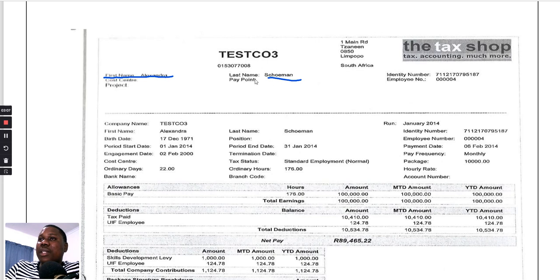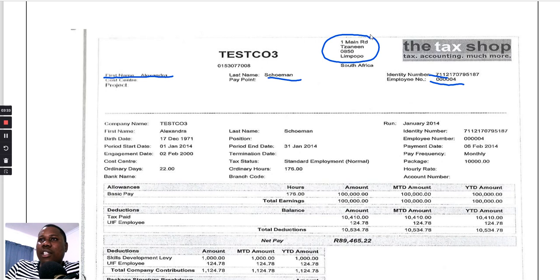We can see the same name again. Okay, they have hidden the pay point. We can see the employee number, and we can also see the identity number of this person. And then this is the address, it might be of the company.